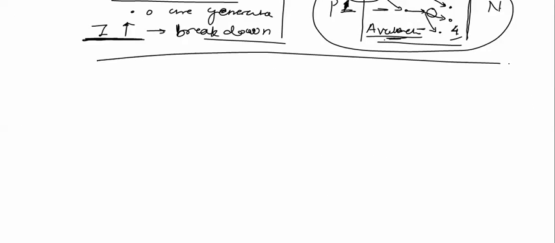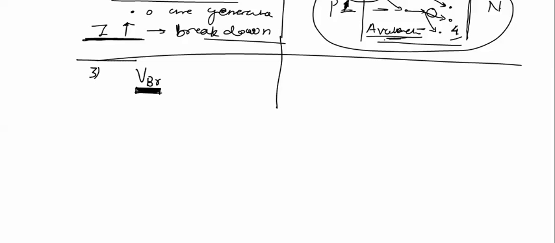The next difference between the two breakdowns is their voltage range and temperature coefficient. If in a diode the voltage across the diode when breakdown happens is less than 6 volts, then we will say this is a Zener breakdown.